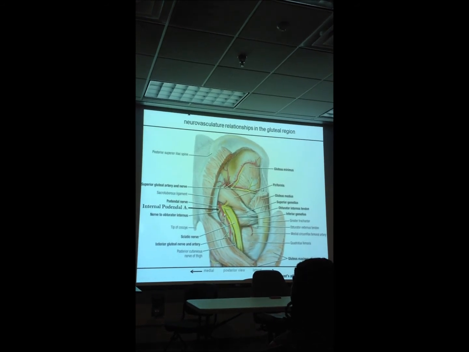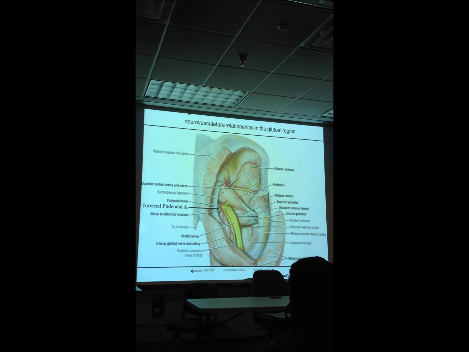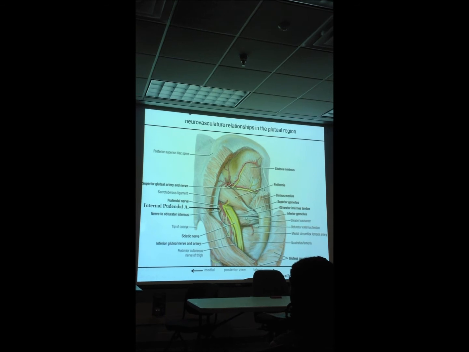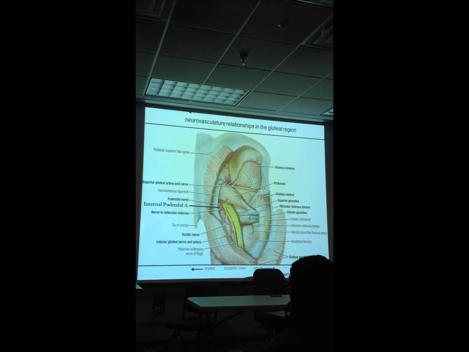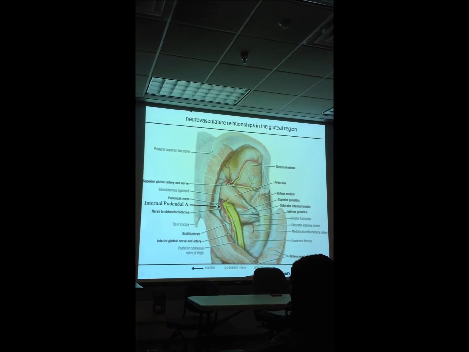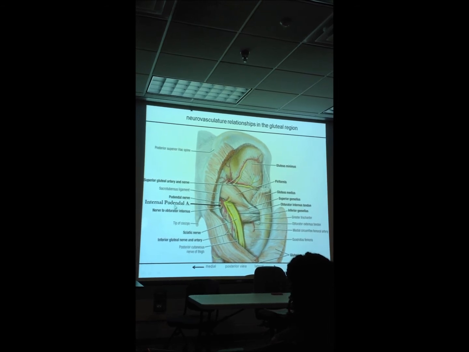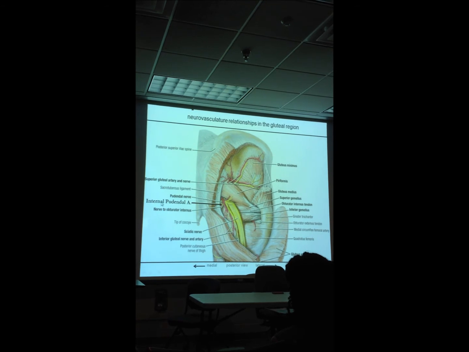How about the structures we mentioned previously coming out of the greater sciatic foramen, passing in through the lesser sciatic foramen? We made a big deal about the obturator internus coming out of the lesser sciatic foramen, right? Well, what goes into the lesser sciatic foramen? Three things. That's the pudendal nerve, most medial, the nerve to obturator internus, most lateral, and then the internal pudendal artery, because there is an external one.